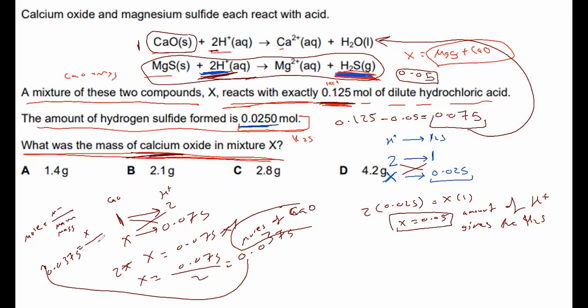Ca is 40 plus oxygen is 16, so it's 56. If you multiply these two numbers, you will get 2.1, which is option B. Okay, let me just check. Times 56. So yeah, this is 2.1 grams. So this is the correct answer.